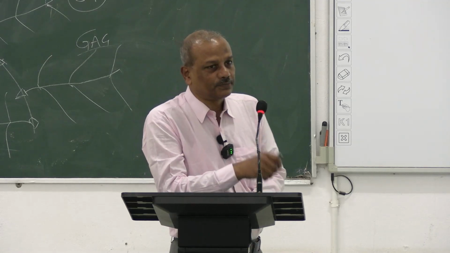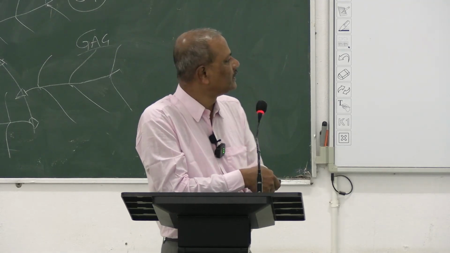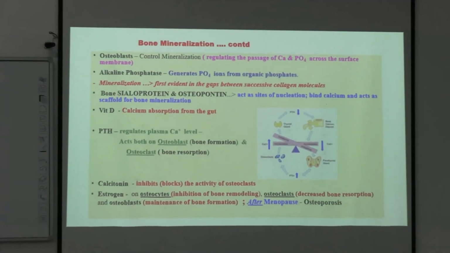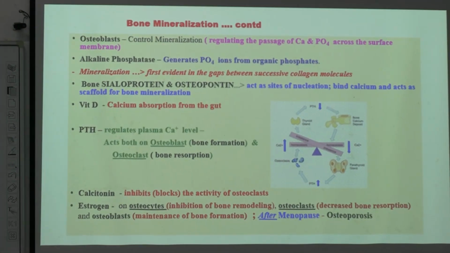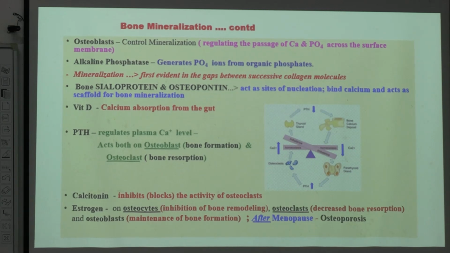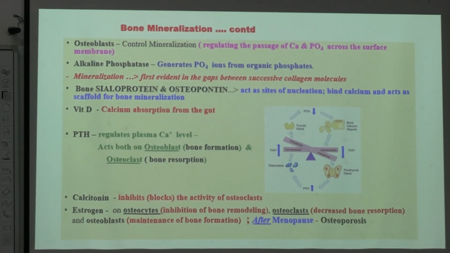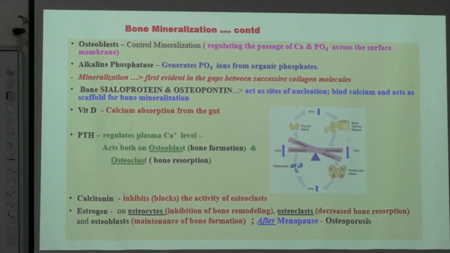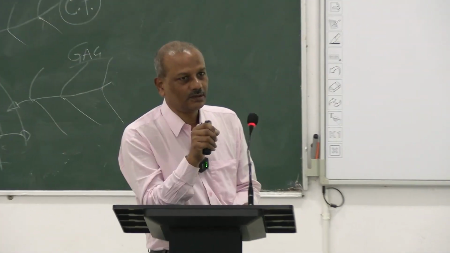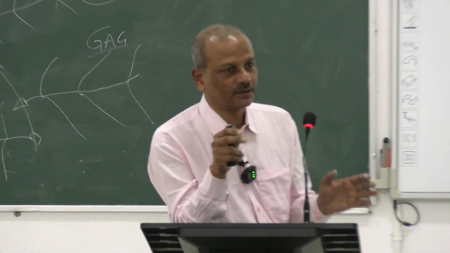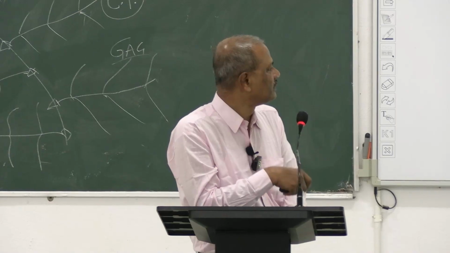So mineralization is first evident in the gaps between the collagen fibers. Collagen is synthesized, so there are gaps in the collagen. So basically, the calcium hydroxyapatite gets deposited in between the spaces of the collagen fibers, so that they are tightly packed.